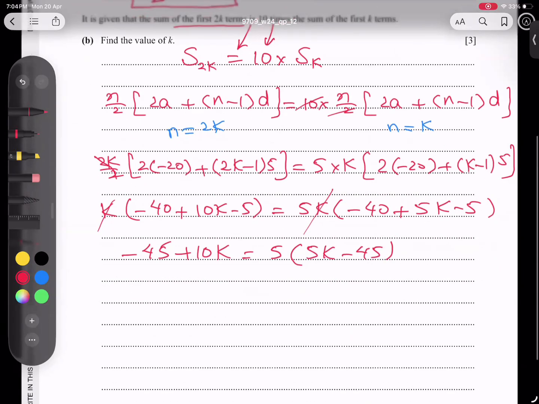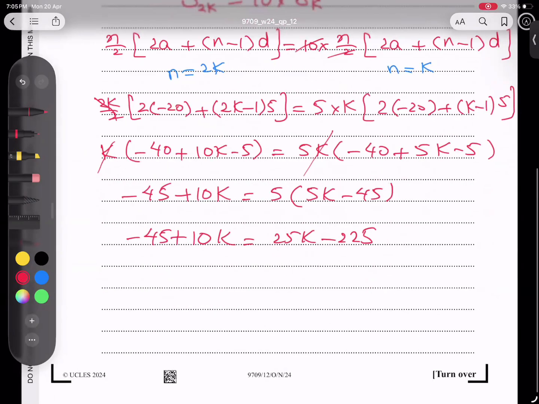Now I'm multiplying: 25k, and 5 fives are 25, 5 nines are 45, carry 2, 225. Now I start simplifying: 25k minus 10k, minus 45 plus 225. So 225 minus 45, I'm getting 180. Here I got 15k.